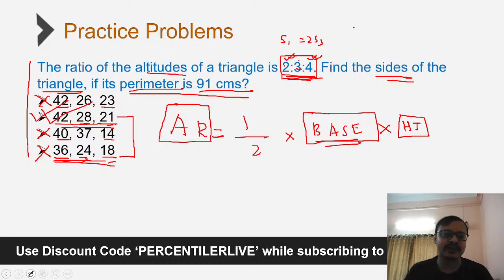Hence, the answer is option B, that is 42, 28, and 21. Is that clear, everybody? How we got the answer as 42, 28, 21?